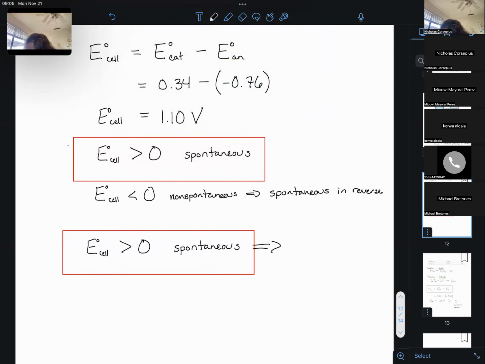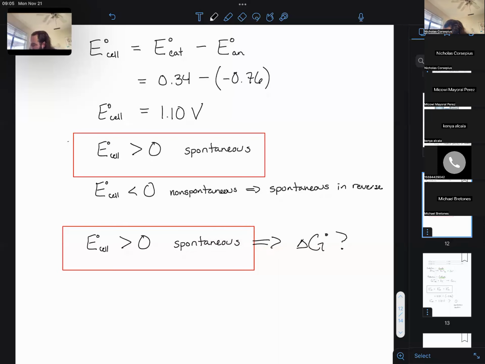So then what does that imply for the value of the delta G naught? Okay, so let's do our first iClicker. We'll make it a multiple choice. Is delta G going to be A, greater than 0, or B, less than 0, if our E cell, our standard potential of our battery, is greater than 0?